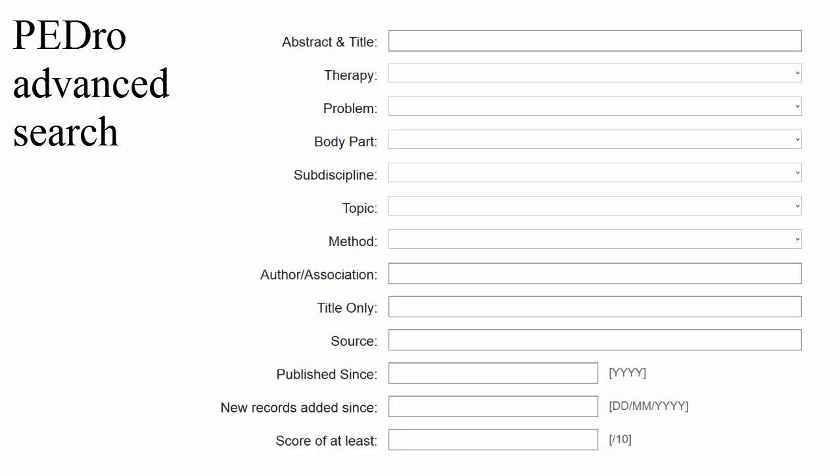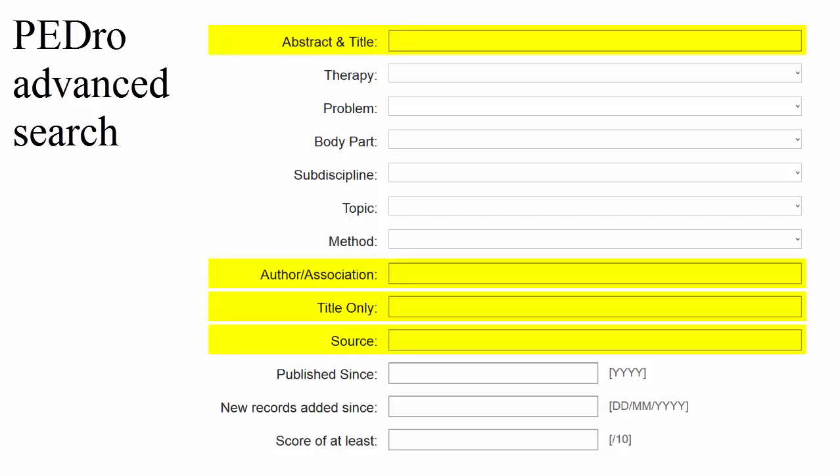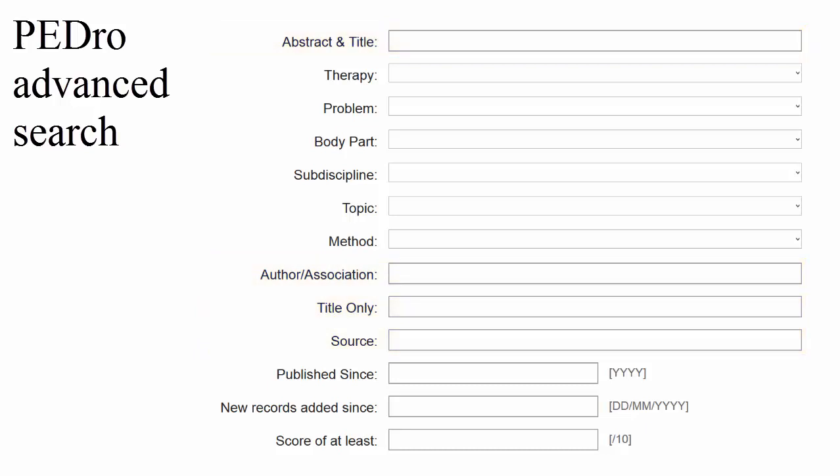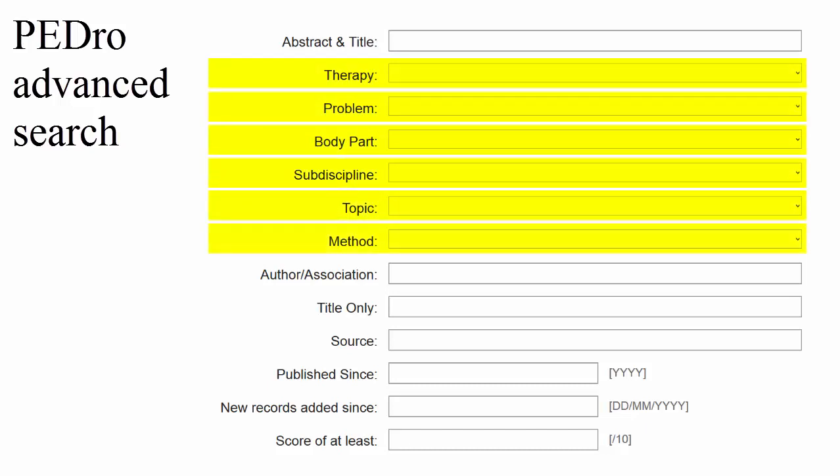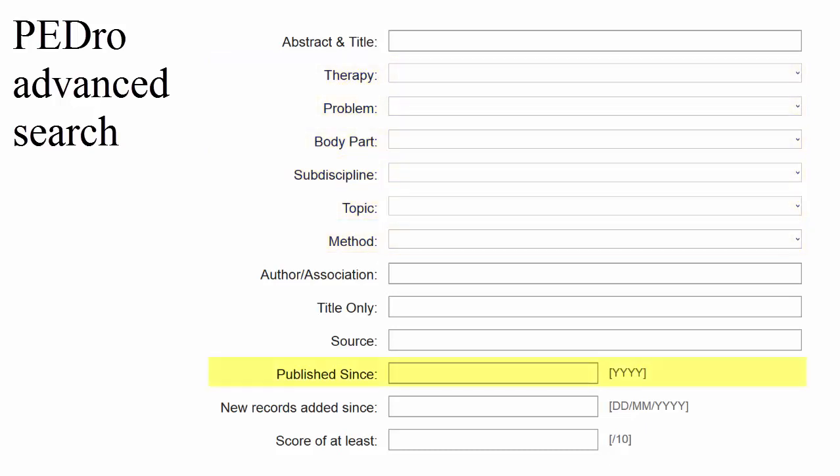The Advanced Search page consists of 13 different fields to specify your search strategy. These include free text fields searching the abstract and title, author, title only, and source, drop-down lists to specify the therapy, problem, body part, subdiscipline, topic, or research method, two fields involving dates, published since, and new records added since, plus the score at least field to specify the minimum PEDro score for clinical trials.